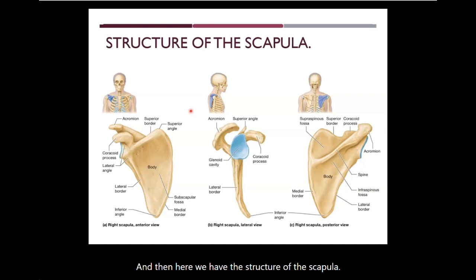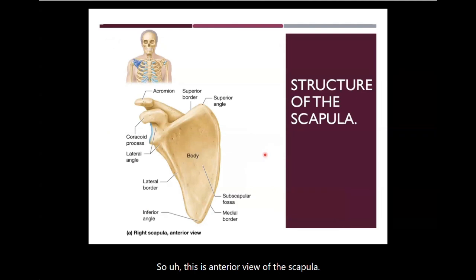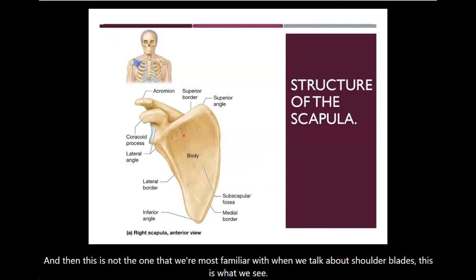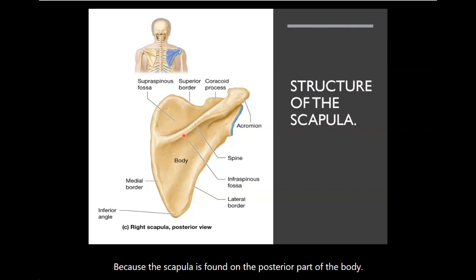And then here we have the structure of the scapula. So everyone, let's look at the scapula from the front, then sideways, and then from the back. This is the anterior view of the scapula, and this is not the one that we're most familiar with. When we talk about shoulder blades, the scapula is found on the posterior part of the body.